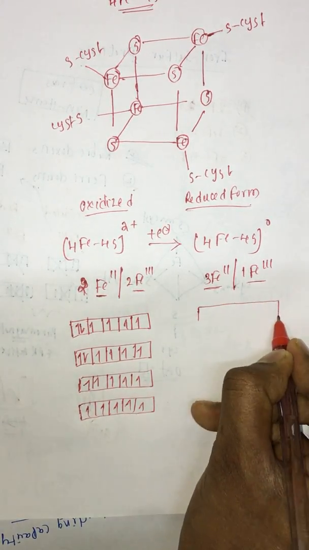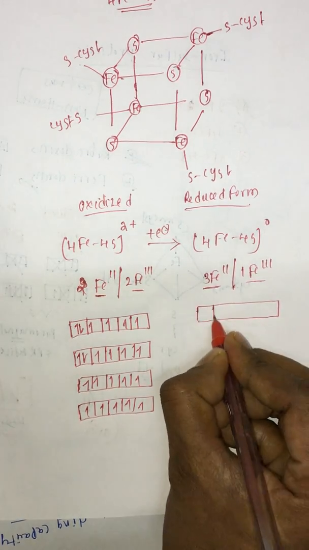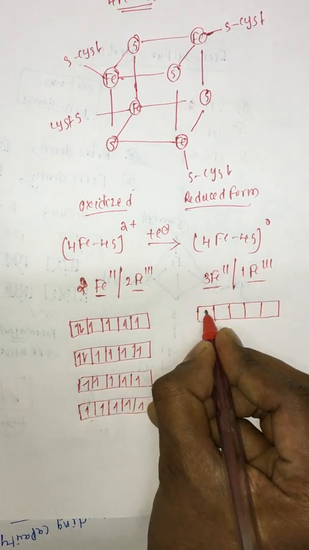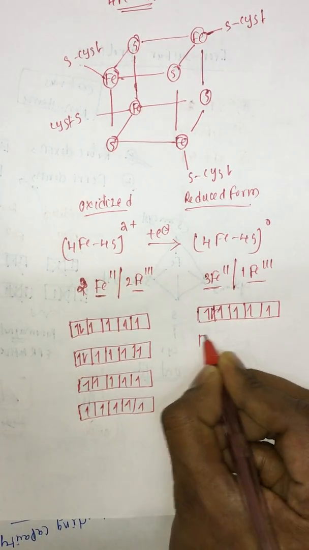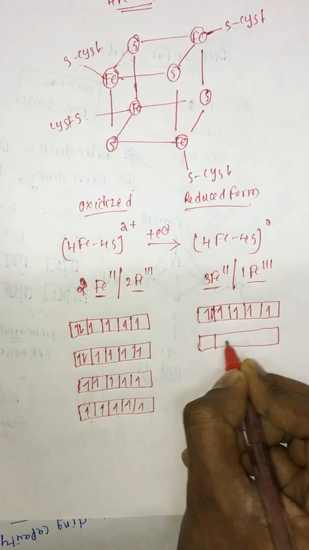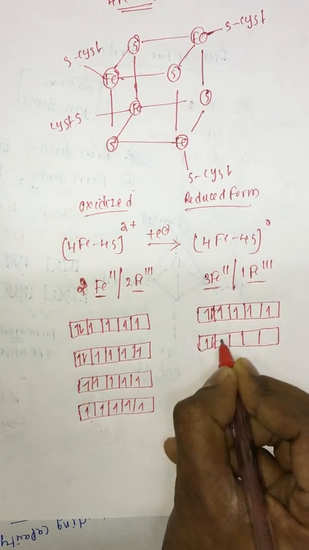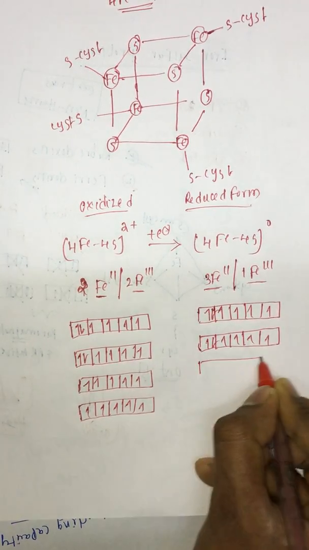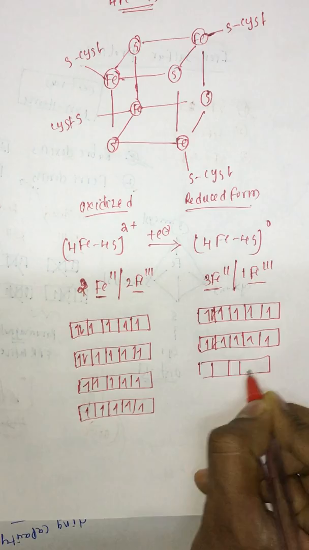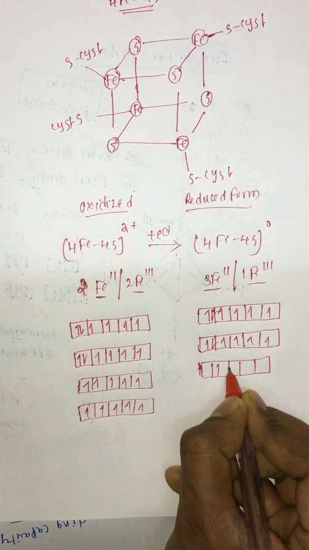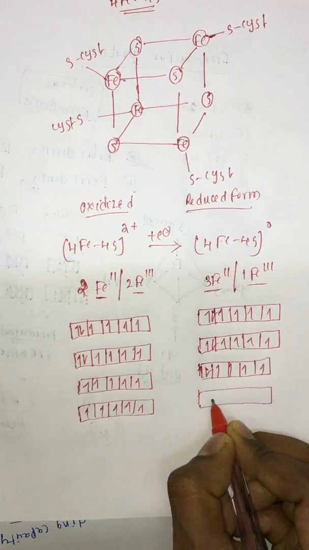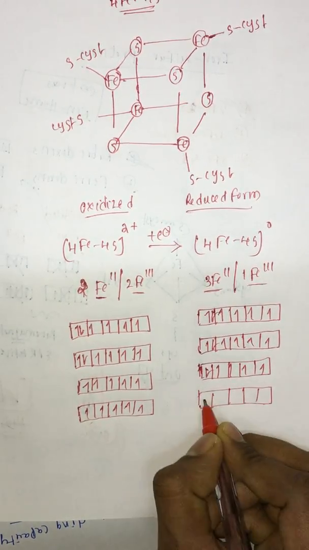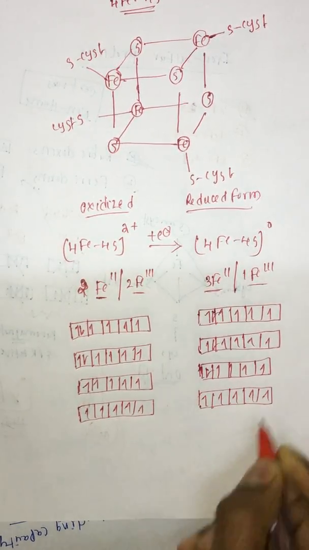And in the reduced form, we have 3 iron atoms in +2, d6, 1 2 3 4 5 6, 1 2 3 4 5 6. One iron atom is +3, 1 2 3 4 5.